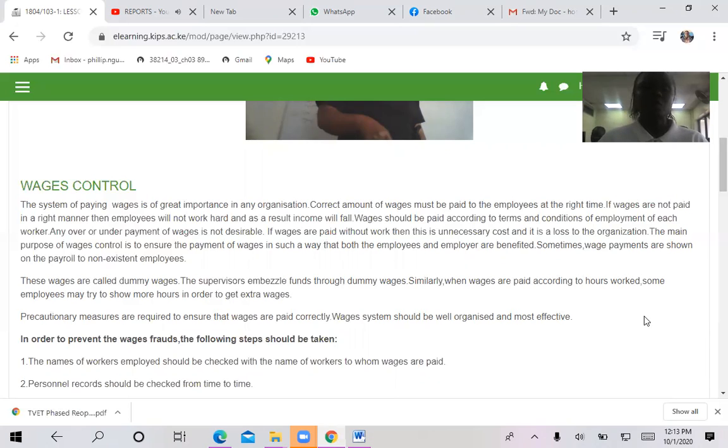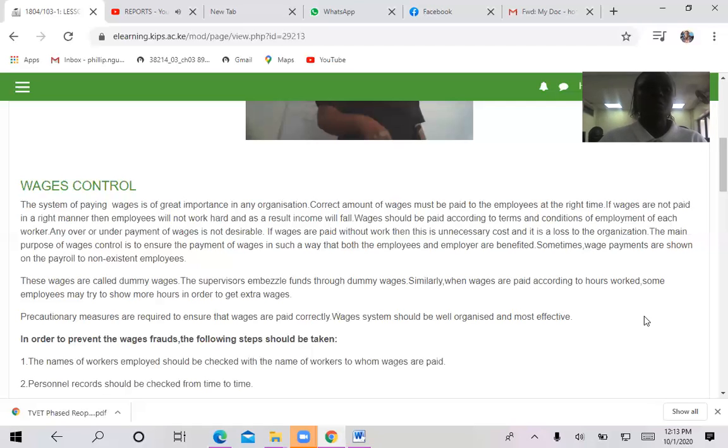So wages should be paid according to the terms and conditions of employment of each worker. Any over or underpayment of wages is not desirable. If wages are paid without work, then this is an unnecessary cost and a loss to the organization.